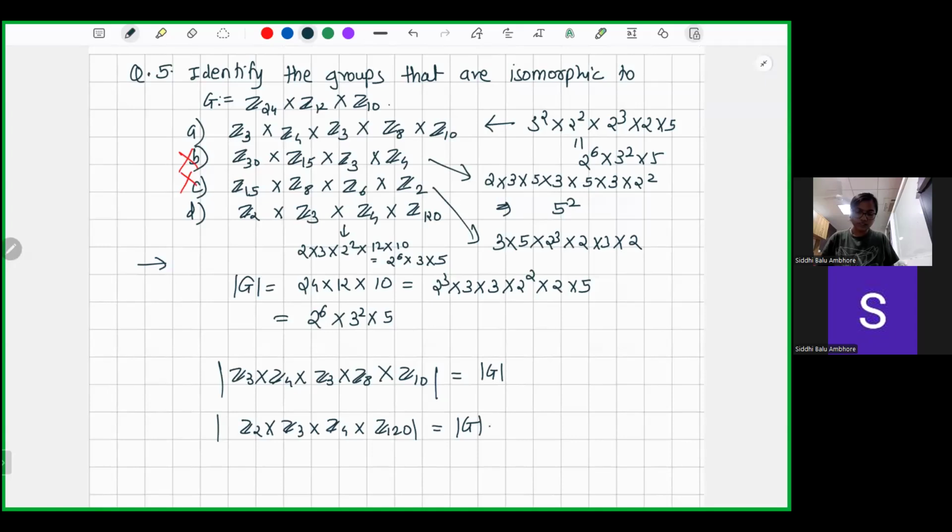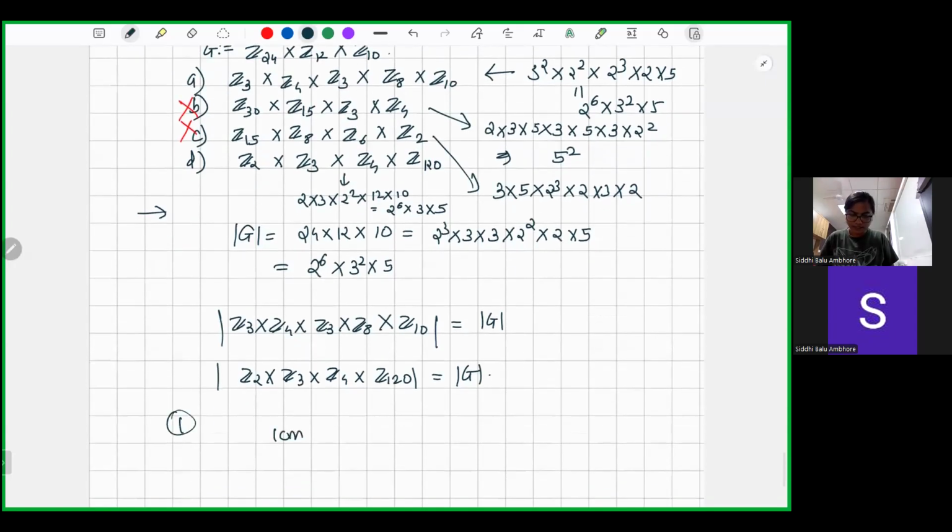Here, for the first example, the exponent of this group G1, if I call this H1, this H2, this H3, and this H4, then the exponent of H1 is LCM of 3, 4, 8, and 10.